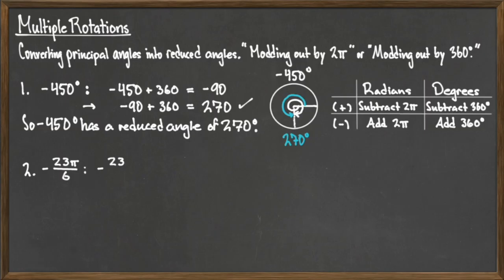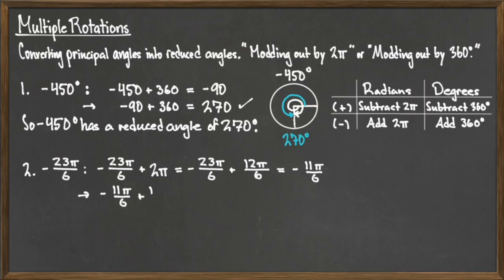Next, look at the angle negative 23 pi over 6. I have a negative angle expressed in radians, so our rule says to add 2 pi. Again, since we're in radians, the addition of a full circle is the addition of the value 2 pi, not 360. But I need to find a common denominator. I can rewrite 2 pi as 12 pi over 6, and adding these fractions together gives me negative 11 pi over 6.